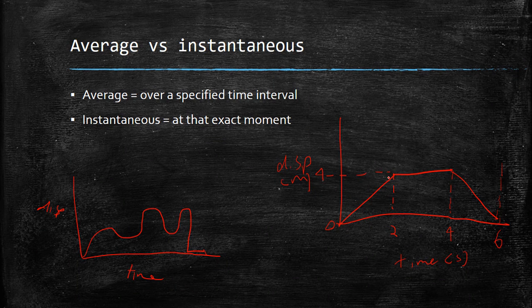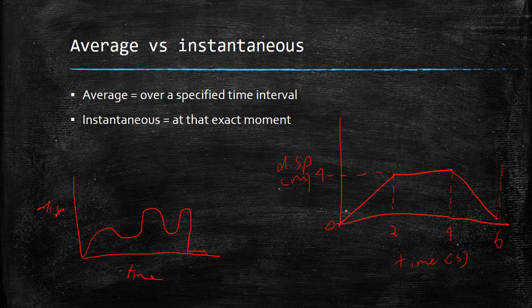So if you want to calculate an average rate of change, you find where they are at the first specified point, so 0. Then you find where they are at the second specified point, so 2. You draw a straight line between them. In this case, the line is already there. And the gradient of that will give you the average velocity. In this case, it'll be 4 over 2, which is 2 meters per second.